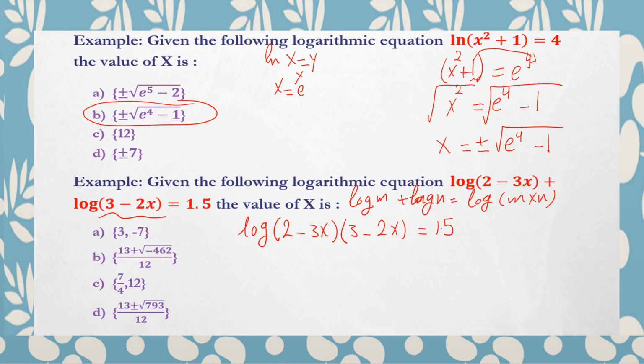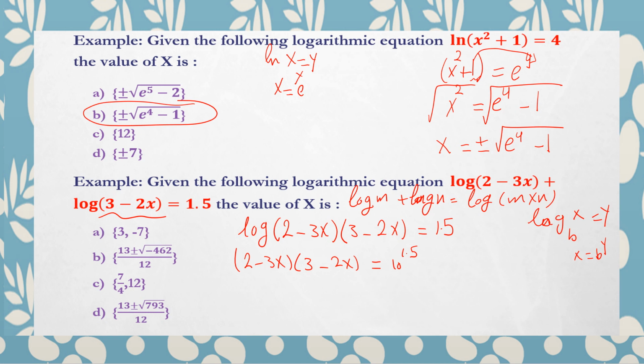And also recalling another property which says that when we have log x for the base b equals y, then x equals b power y. So in this example, the base equals 10. So 2 minus 3x times 3 minus 2x equals 10 power 1.5.